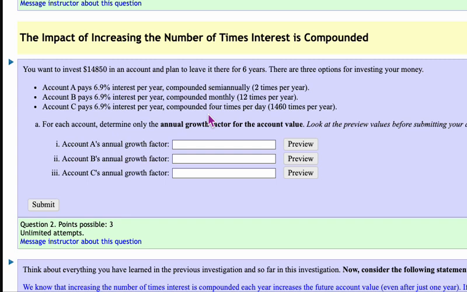So if we do interest at 6.9% per year, semi-annually, 2 times a year, in that first one, our interest rate would be 1.069.